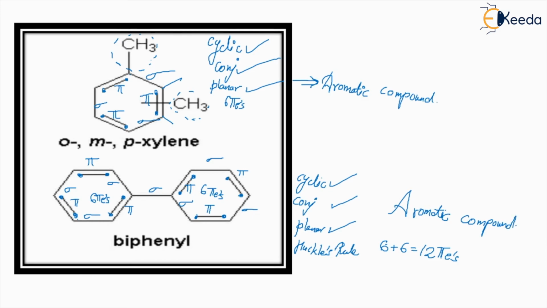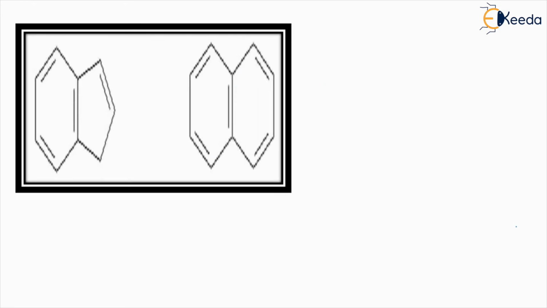The easiest way to classify is this. Let us again see over here. In the first one, first let's see whether it is cyclic or not. Yes, the first one is cyclic in nature. The second one is also cyclic in nature. So for both of them cyclic is correct. Now what about conjugated?